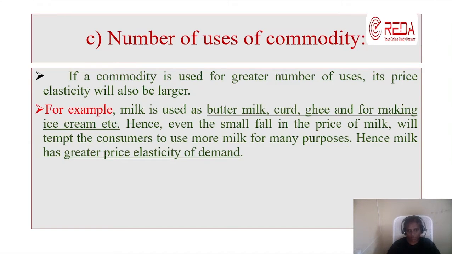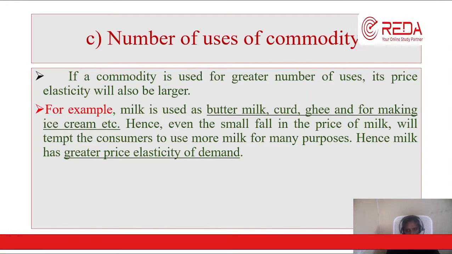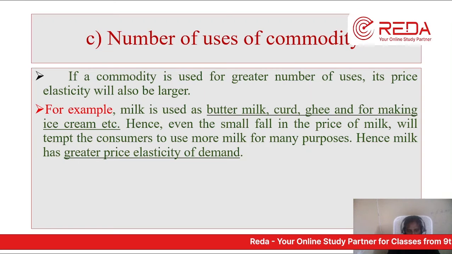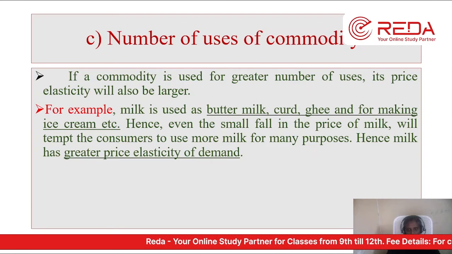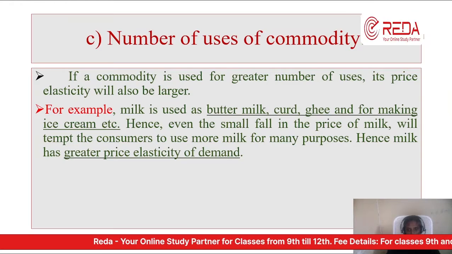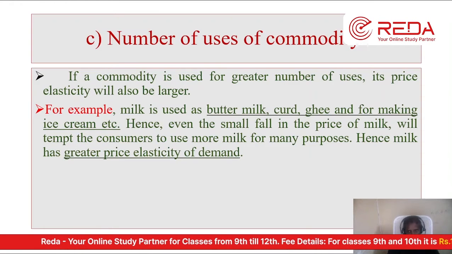So when the price decreases, the multiple usage and the demand for the commodity increase. Obviously, only if demand is more will multiple usages come. This kind of behavior among consumers means that the number of uses of a commodity also affects the elasticity of demand for it.